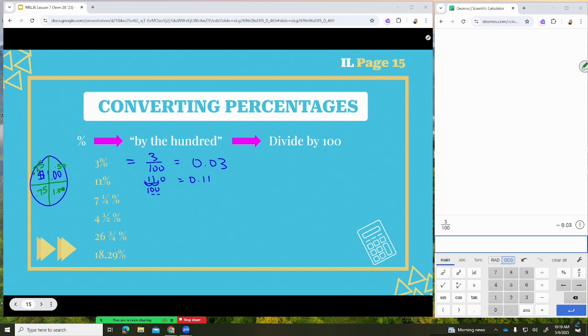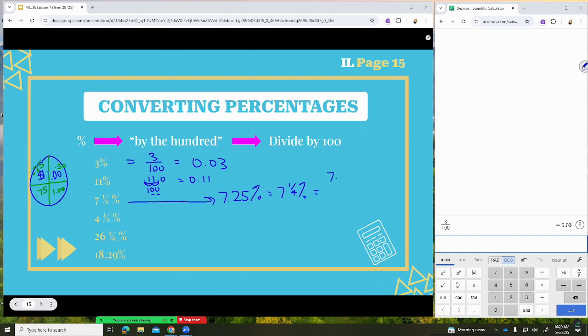When we have 7 1/4%, it is exactly that. It is 7 1/4, so we can say 7.25%. But we need to put it into a decimal still.